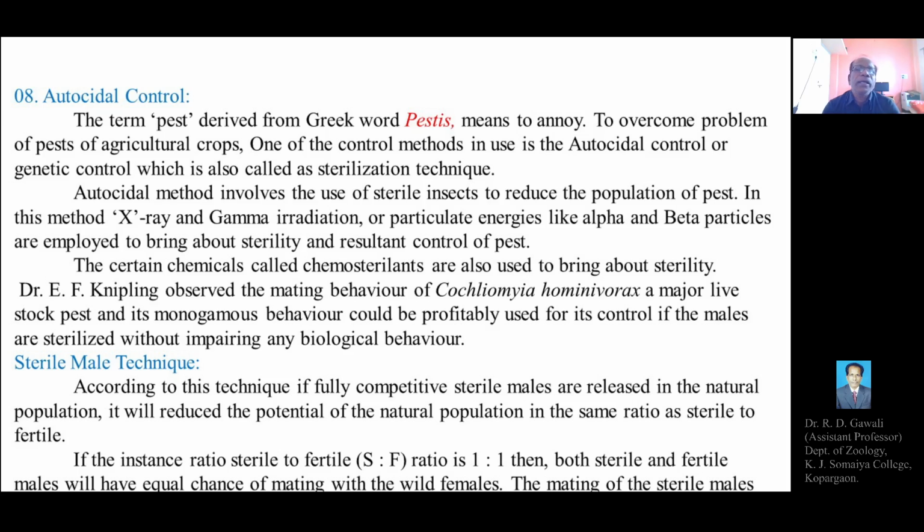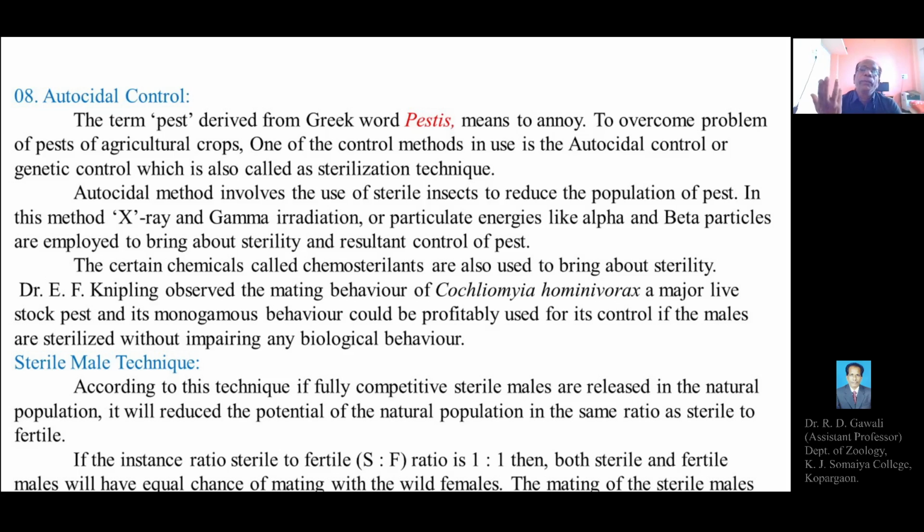In this method, irradiation, that is exposure of the male or female members to X-rays, gamma rays, or particulate energies like alpha and beta particles, or even certain chemicals called chemosterilants, can be used for the sterilization of the males or females of the particular type of pest.